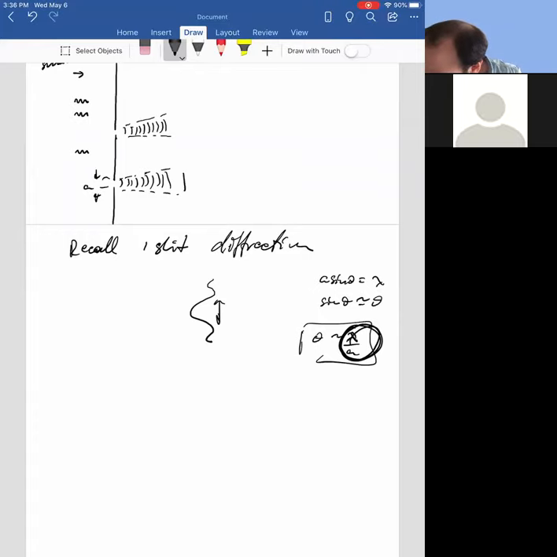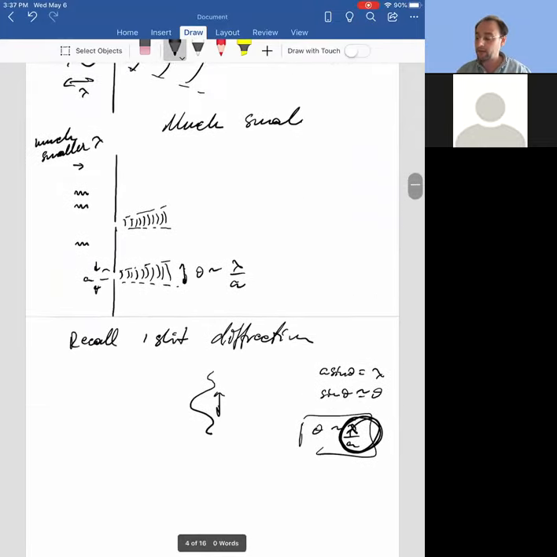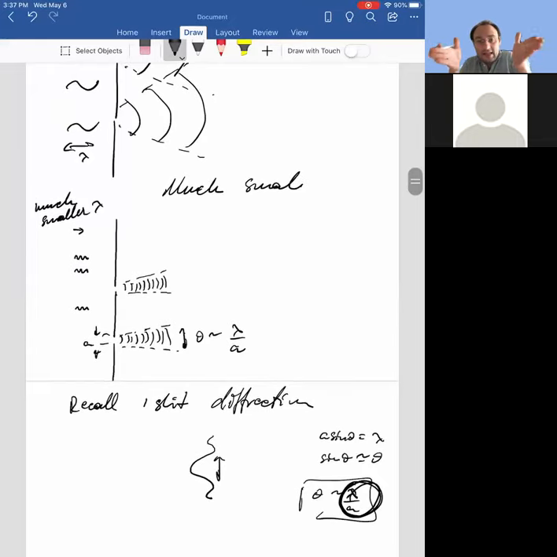This angle of the spread goes like lambda over a. So you can increase the spread either by decreasing the slit width for a fixed lambda or increasing lambda for a fixed a. That's that crisscross effect. The smaller the slit, the larger the spread. That's the single slit effect I'm talking about.